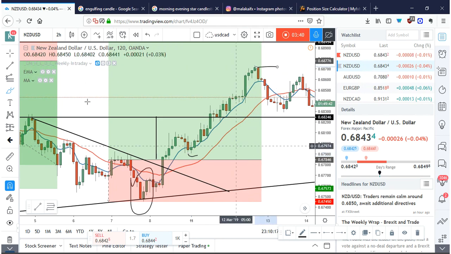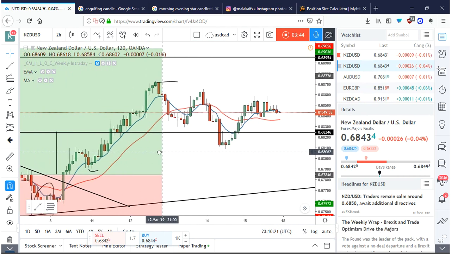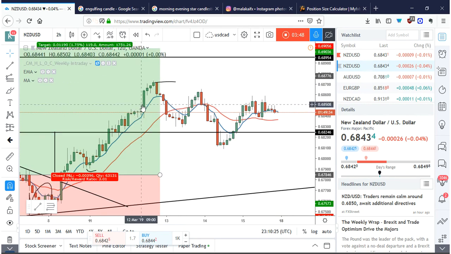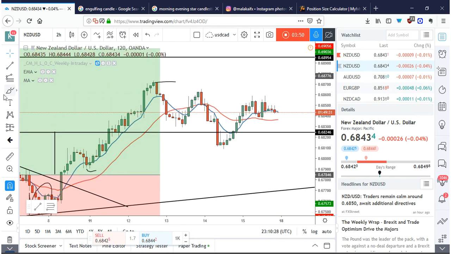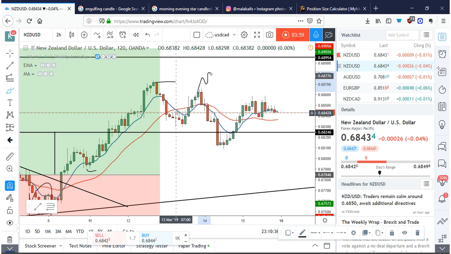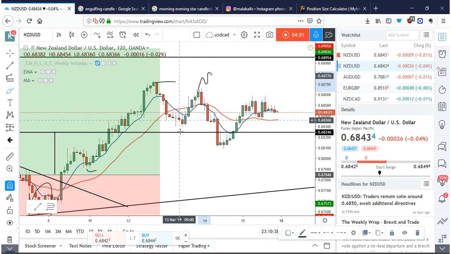So you're waiting for price to break through here before you put the stop underneath the lower low. If price had broken through and it's going up and it stopped above this level, then I would put my new stop 5 pips to 8 pips below this level.